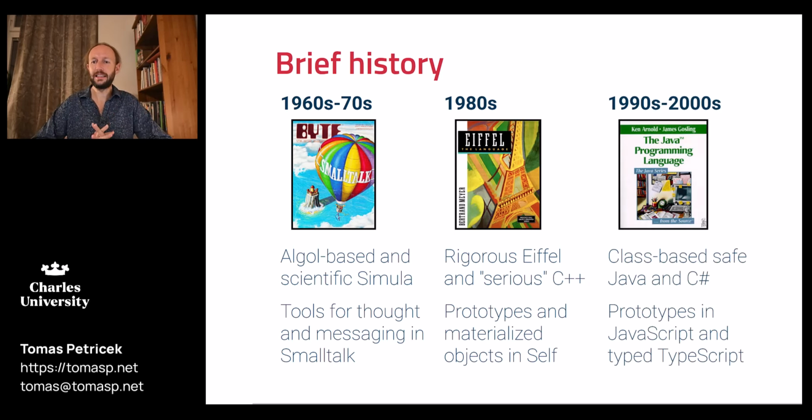And the 1990s and 2000s gave us the Java programming language and C#, which extended the class-based object-oriented programming, somewhat more of the C++ style. So there's a lot of focus on engineering and structuring code, and not much on things like reflection and uniformity, which were things that mattered to Smalltalk and Self.